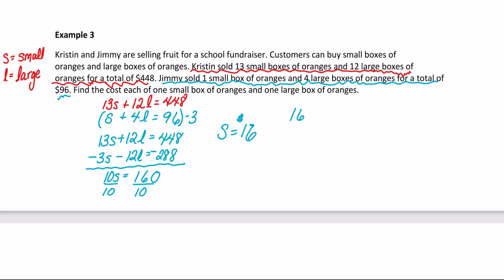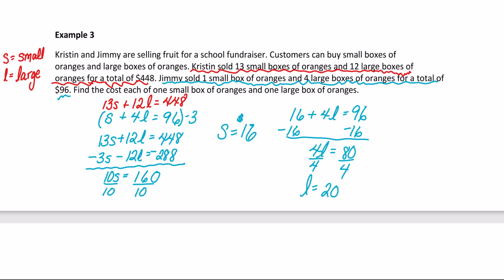So 16 for S plus 4L equals 96. Subtract 16, 4L equals 80, divide by 4, and L equals 20.